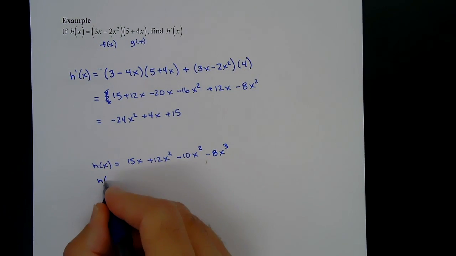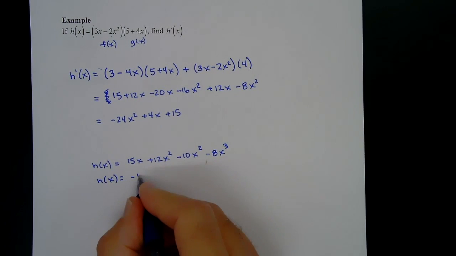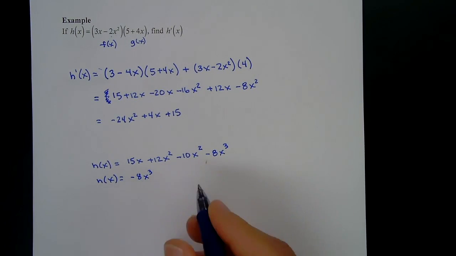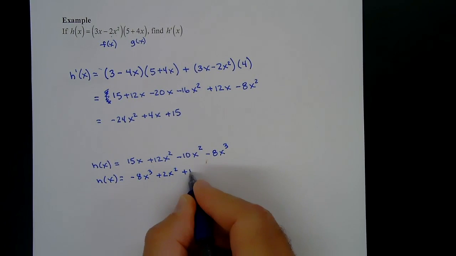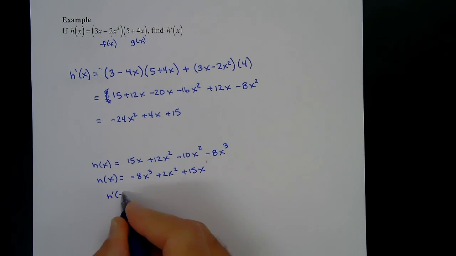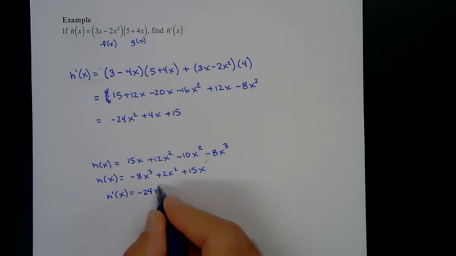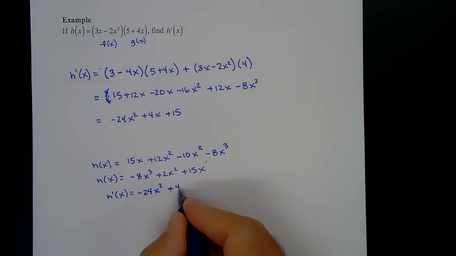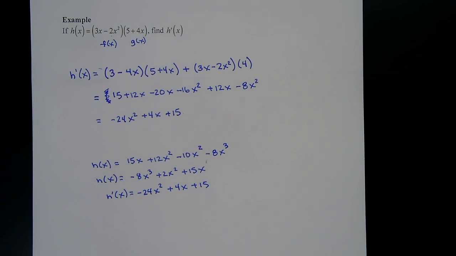Okay, so cleaning this up, we'd have negative 8x cubed and plus 2x squared and then plus 15x. Okay, so now we could take the derivative of it. So h prime of x would be negative 24x squared plus the 4x and then plus 15, and see how we get the same thing. Okay, so two different ways of doing the problem.